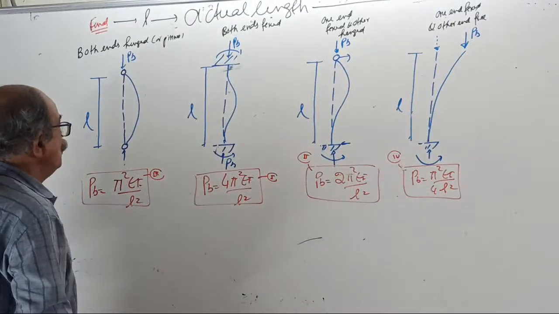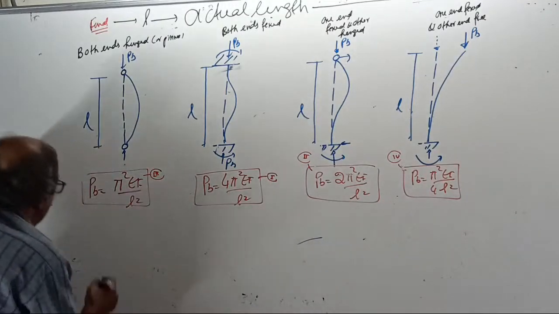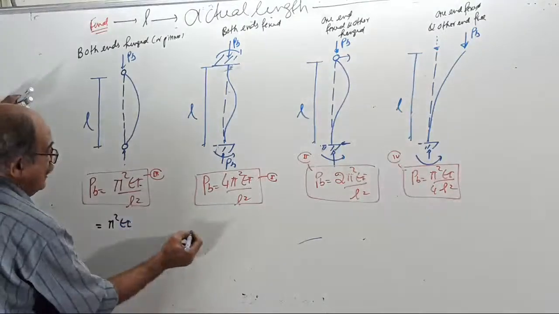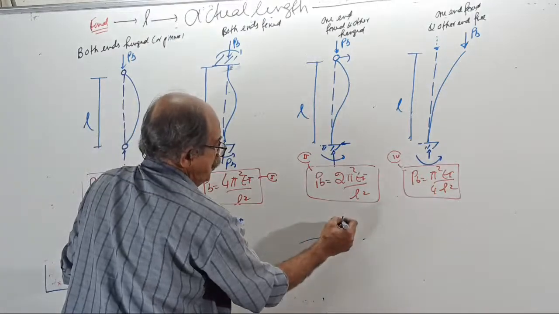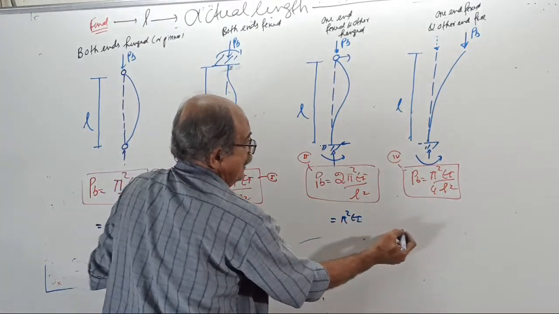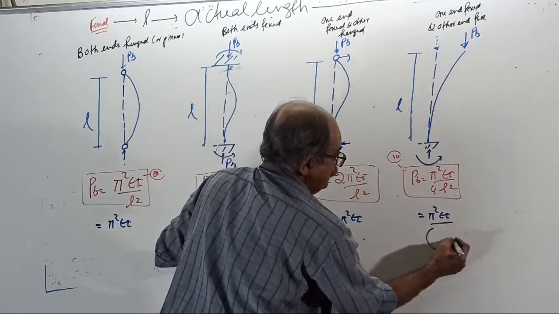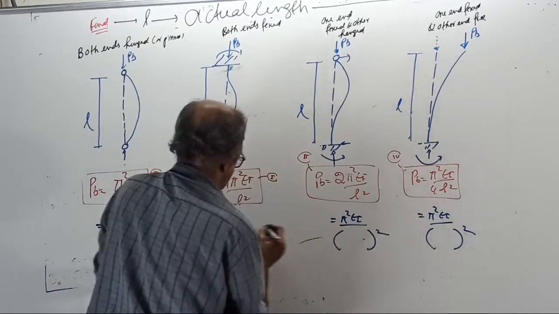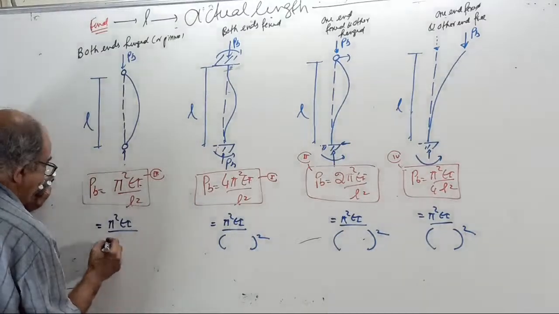Now what I will do is rewrite this equation as pi square EI by some denominator square, which is a function of L.